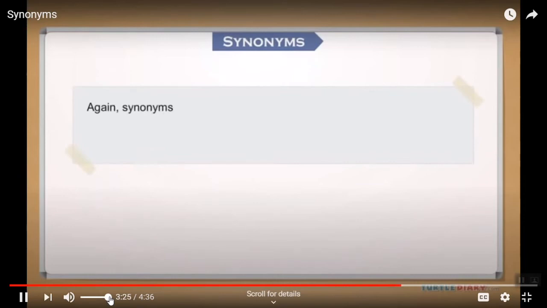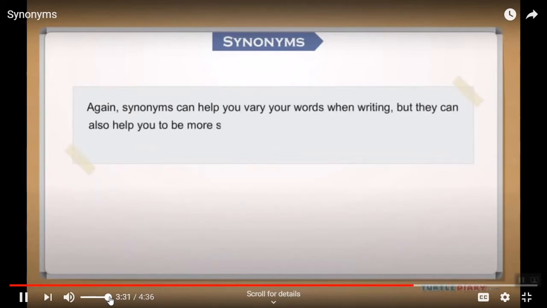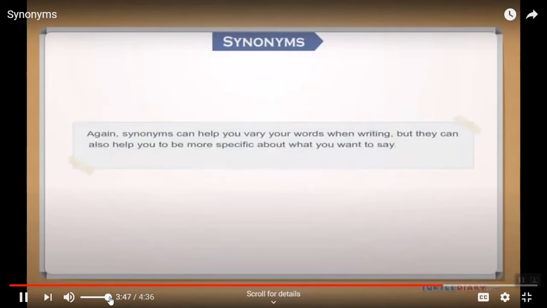Again, synonyms can help you vary your words when writing, but they can also help you to be more specific about what you want to say, and using a synonym that is more formal can help you when you're writing. Let's review synonyms. Synonyms are words that have the same or similar meanings.